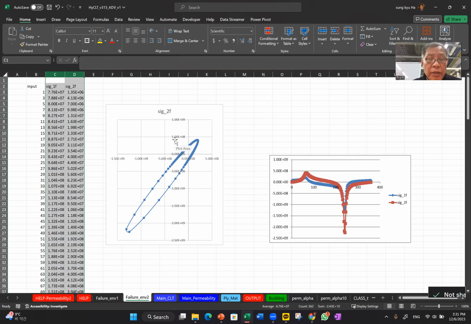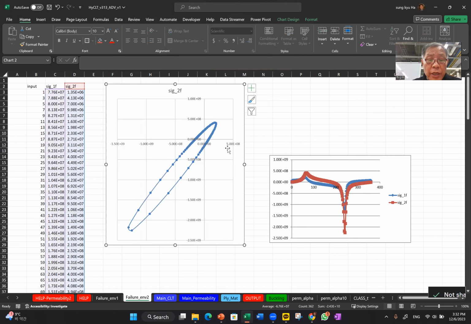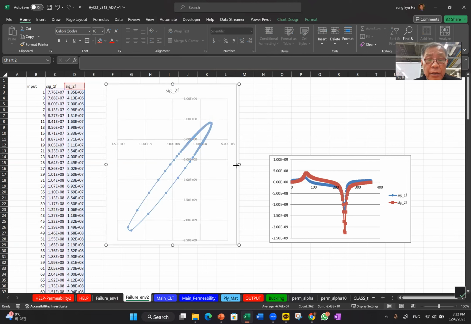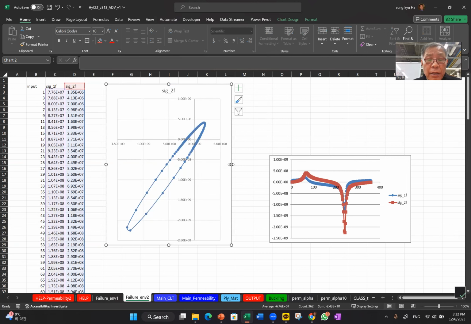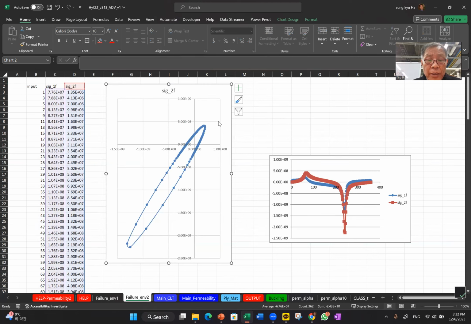I like to have the same ratio like this, like that. So this length, okay, slightly more. I'm just trying to make this a scale so that it is the same ratio.